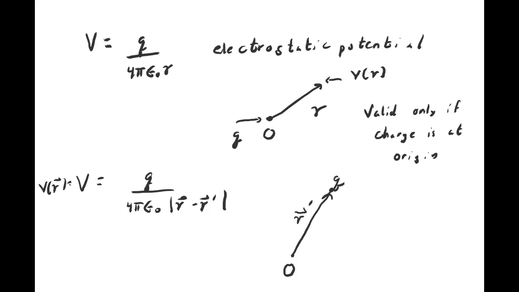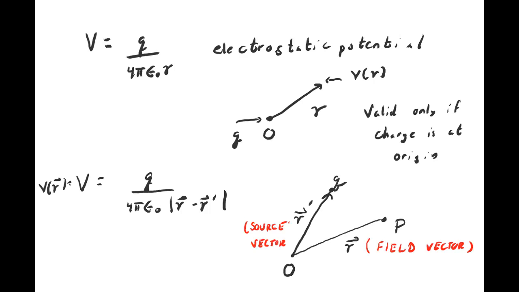So I'll put a charge there. And then I want to ask, what is the electrostatic potential at this point P, where P is denoted by my field vector. So field vectors are unprimed. R prime is a source vector. Source vectors have primes. That's the convention we've been using throughout this course.